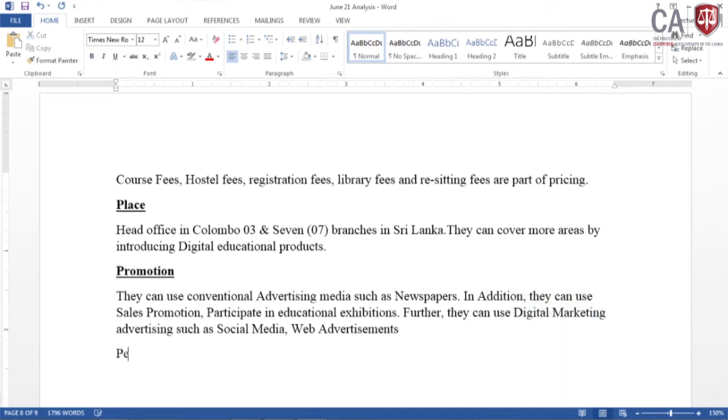Then if you look at 7 P's, what do you think about people? So especially these lecturers will play an important role.